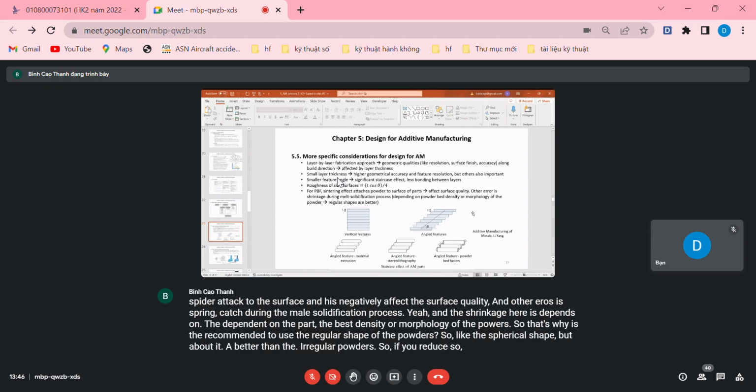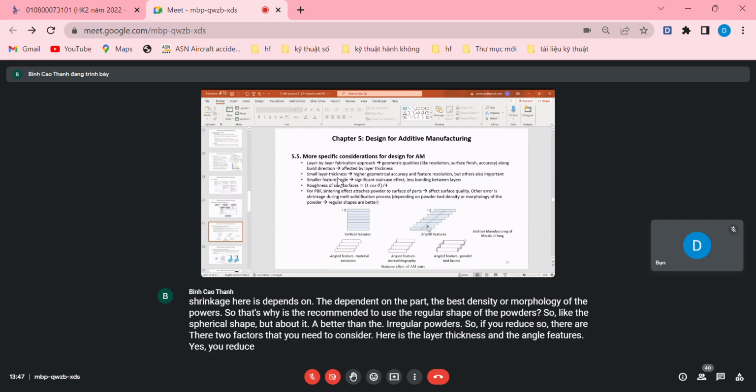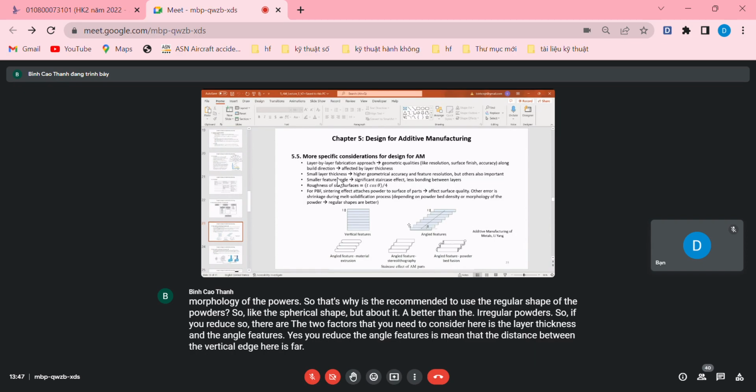So there are two factors that you need to consider here: the layer thickness and the feature angle. If you reduce the feature angle, it means that the distance between the vertical edges is farther.